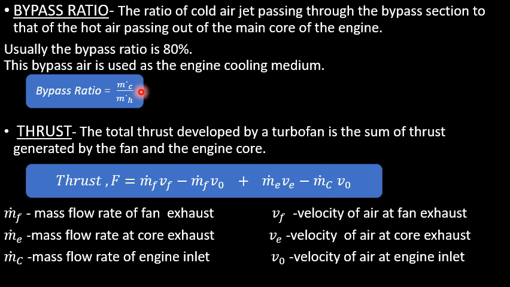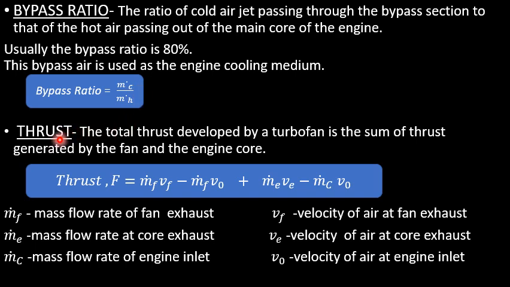C and H are represented based on the cold air and the hot air, that is, the mass flow rate of the cold air to the mass flow rate of the hot air. That is why it is represented as m dot c and m dot h.